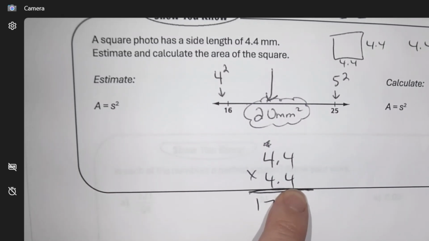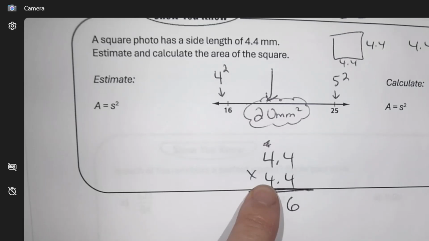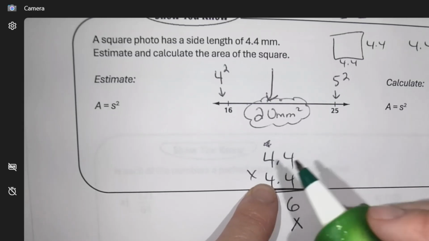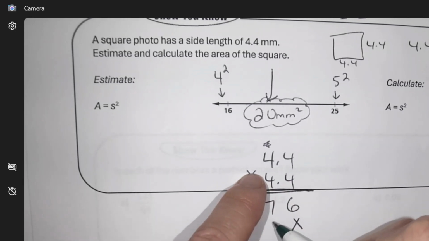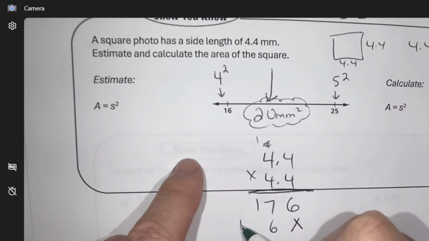Now jump to this 4, so I have to jump a place spot. 4 times 4, 16.